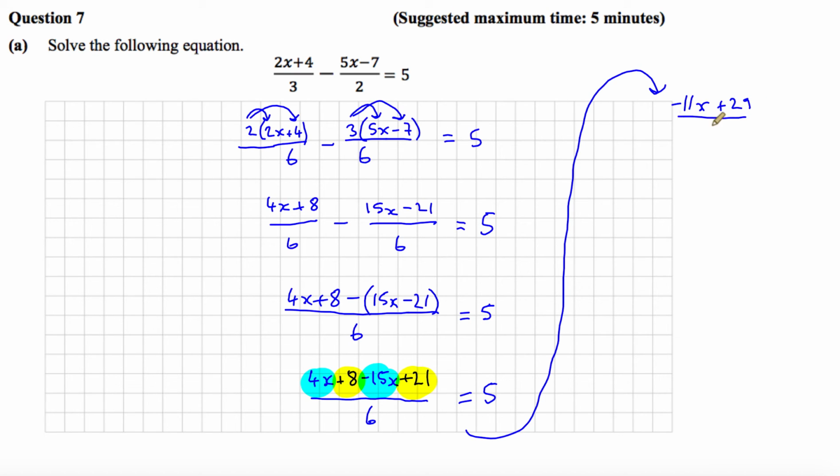And again, that's all over 6, still equal to 5. Okay, so now we have a fraction equal to a whole number. Well, then the numerator, minus 11x plus 29, will be equal to the 5 multiplied by 6.